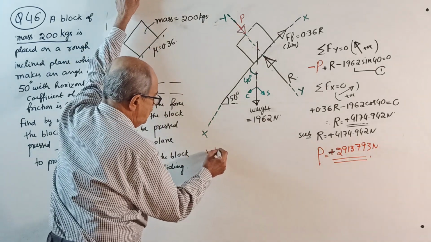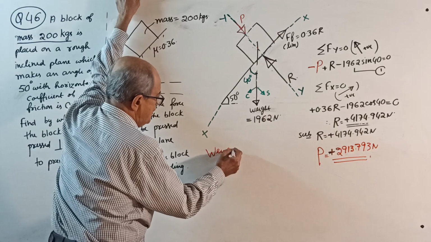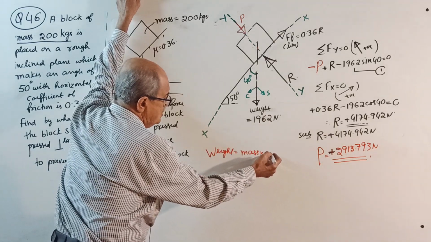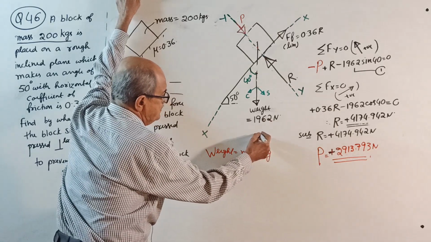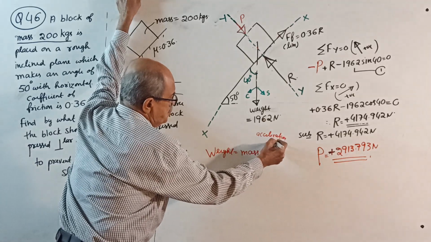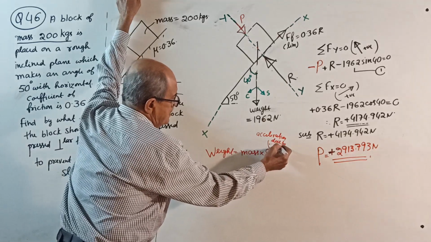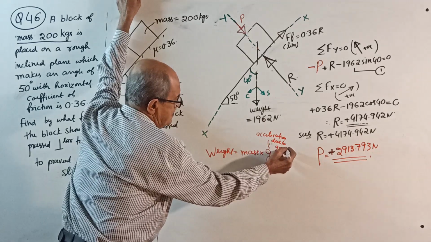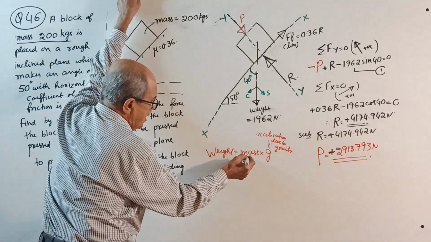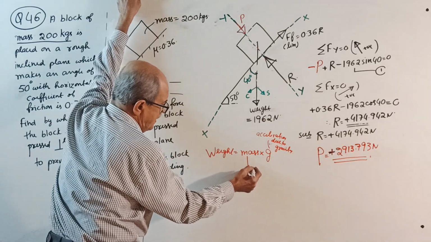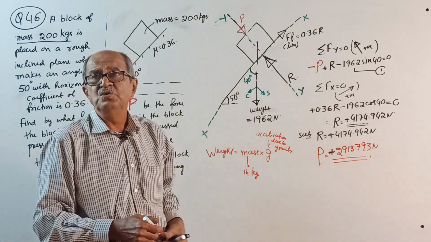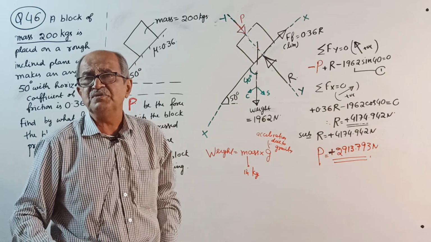You should know that weight equals mass into g. g is acceleration due to gravity. Now, if you consider mass in kilogram, this is not the kilogram you go to a roadside shop and ask for weight.